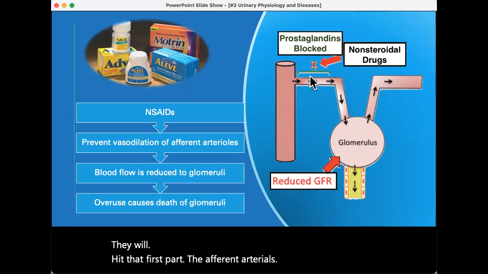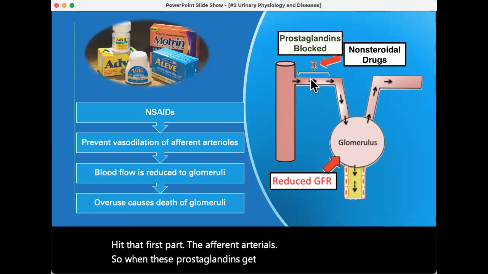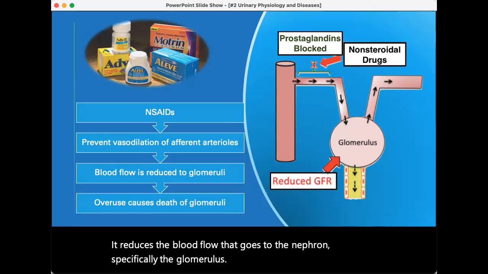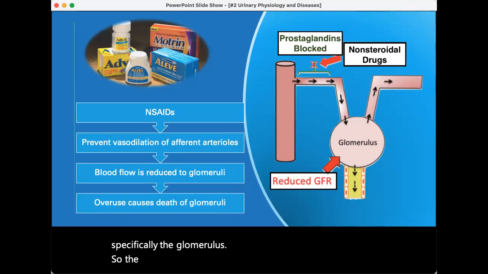When these prostaglandins get blocked, it reduces the blood flow that goes to the nephron, specifically the glomerulus. So the nonsteroidals prevent vasodilation of the afferent arterioles, and overuse can cause death of the glomeruli.